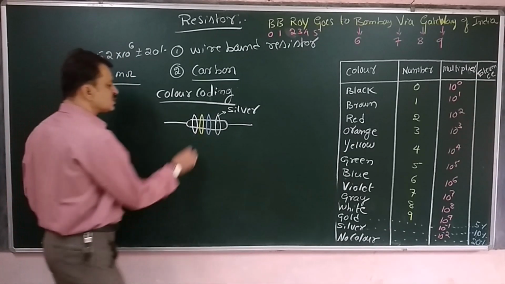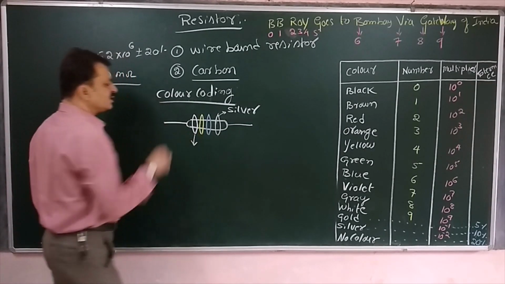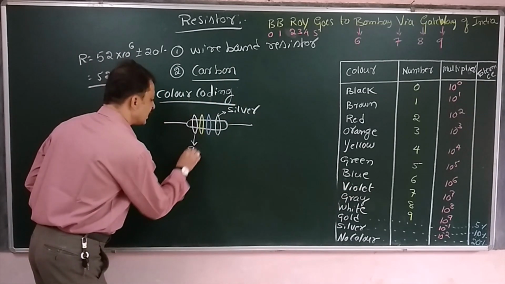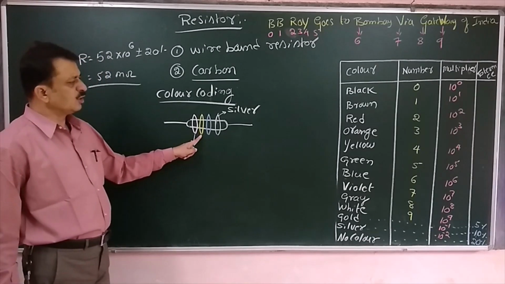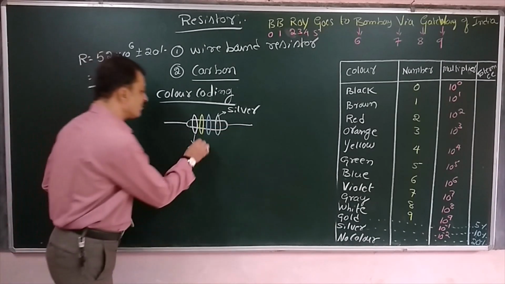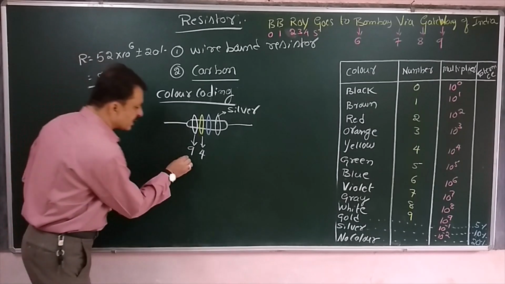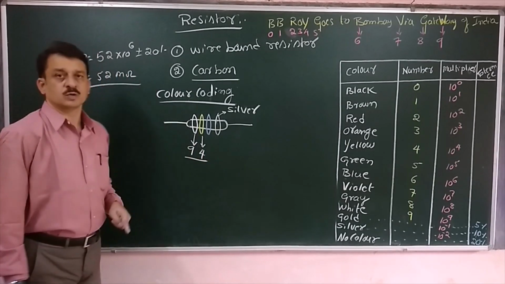The first one is white; for white, the significant value is 9. The second color is yellow; for yellow, the significant figure is 4. Therefore, the first two values become 94.